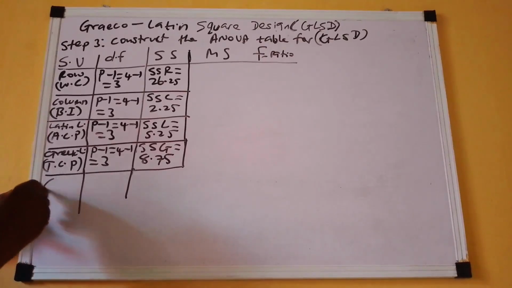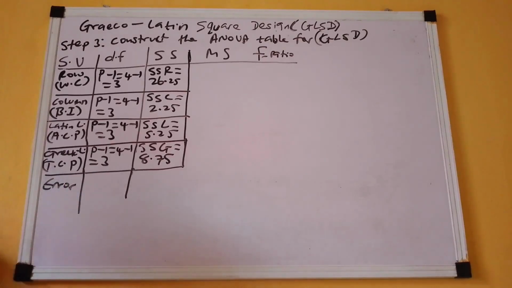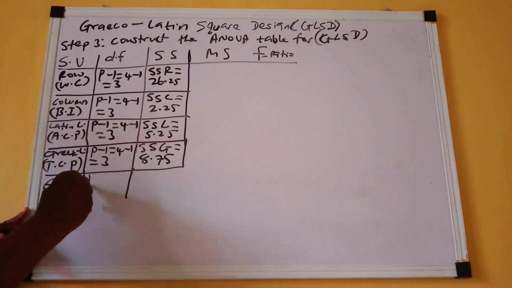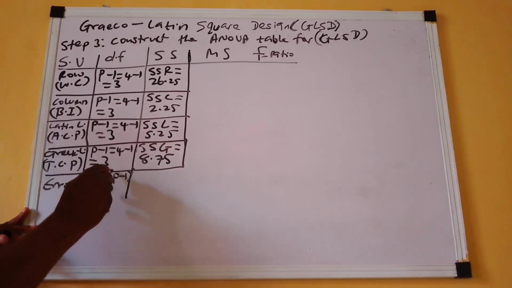Then of course we come again to the error. The error has degrees of freedom of P minus 3 into P minus 1.